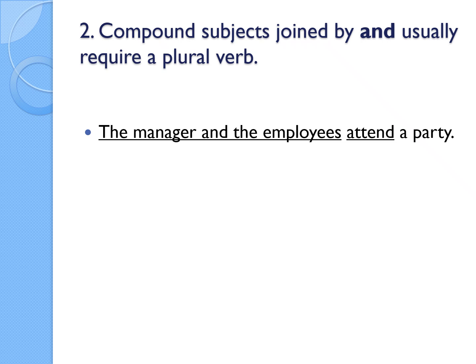The manager is one person mentioned, and the employees, there are many persons mentioned. They are joined together by the word and. So we use attend as a plural form of the verb for the plural subjects, the manager and the employees.